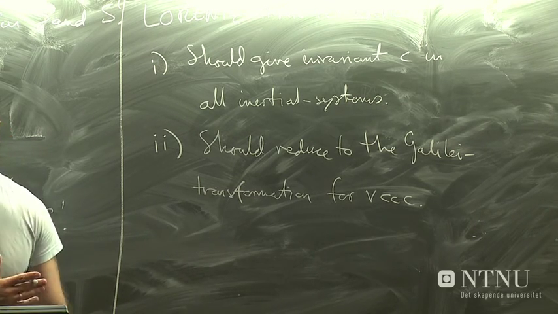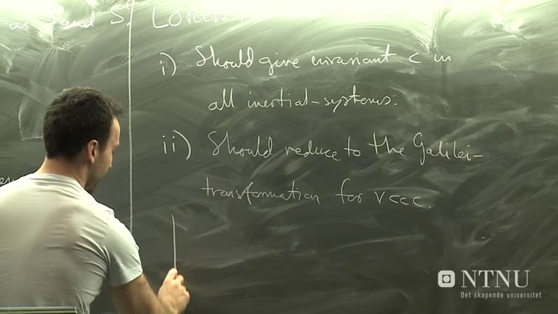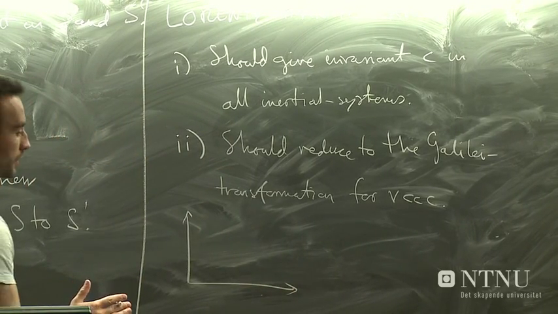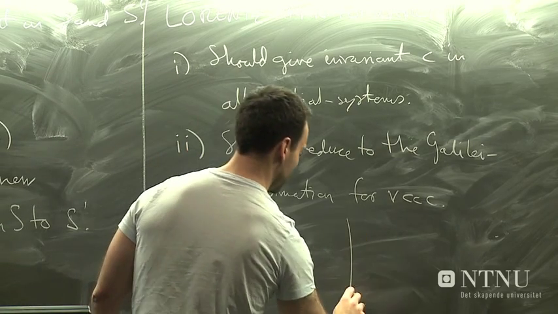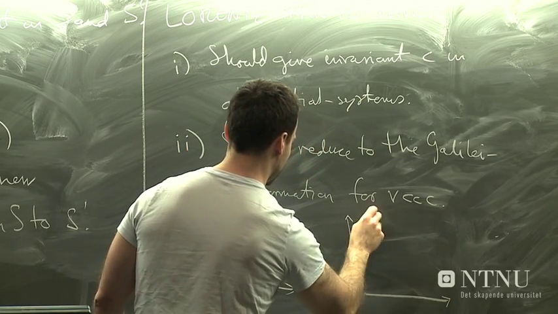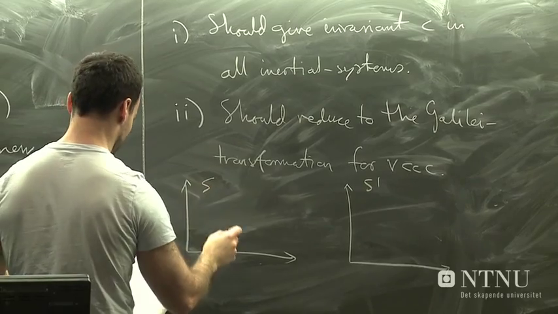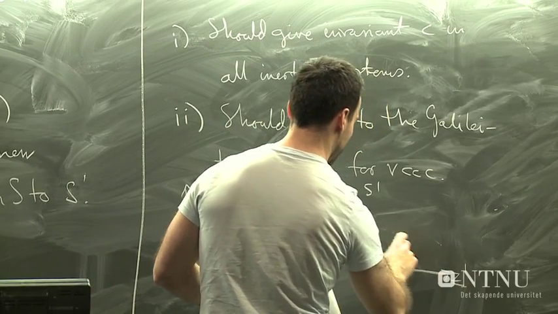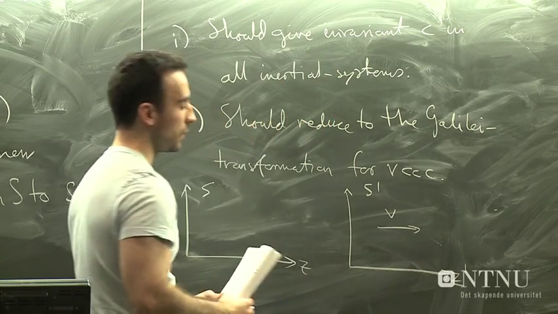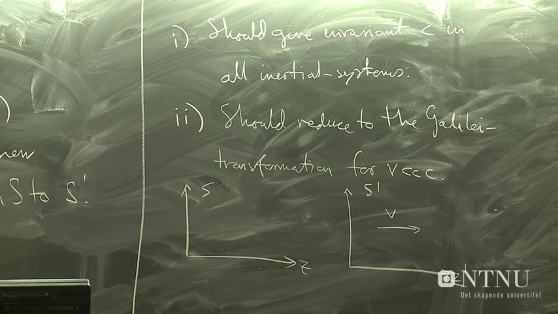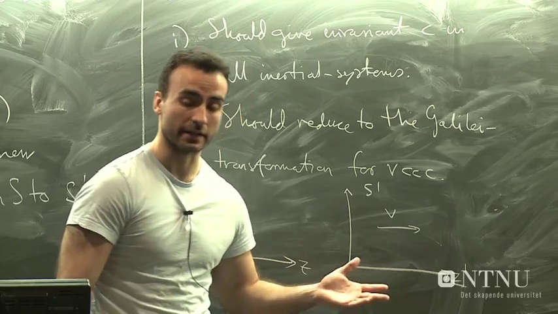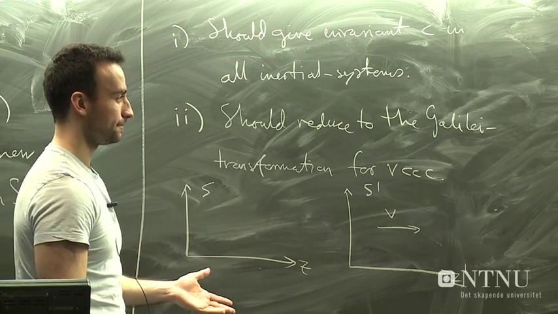So these are the requirements, and we consider them a typical situation looking like follows. We have two inertial systems moving relative to each other with a velocity v, which is constant, and we take the movement without any loss of generality to be along the z-axis.